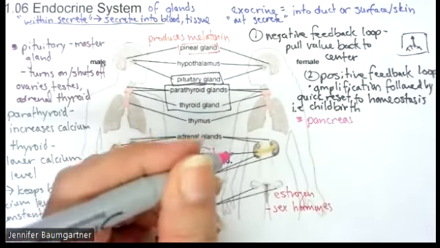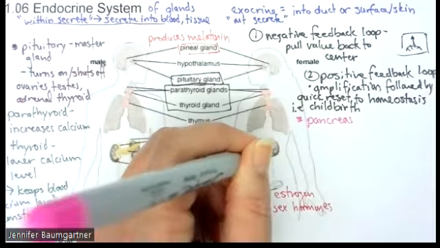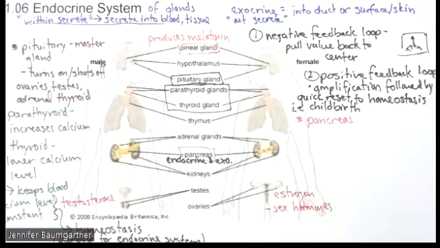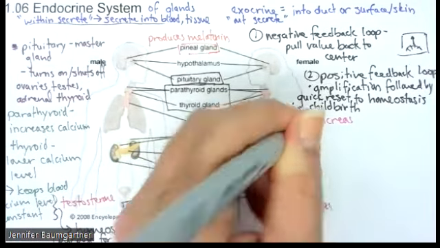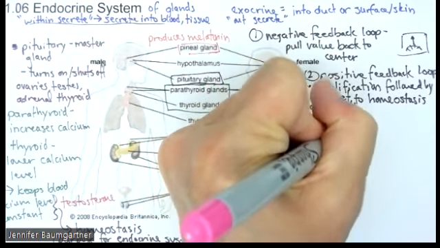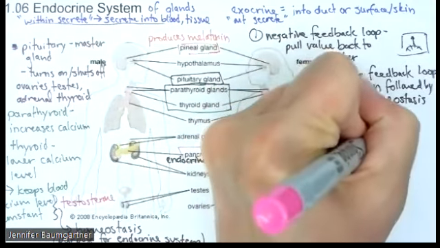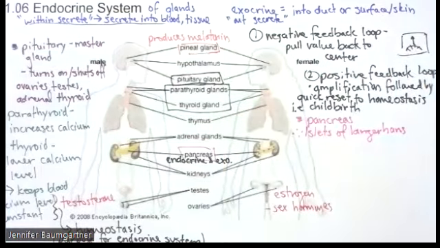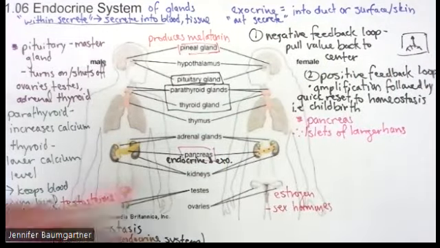Dotted all over the pancreas, let's see, right here's your pancreas. These dots are called islets of Langerhans. And these function in the negative feedback loop control of your blood sugar levels.